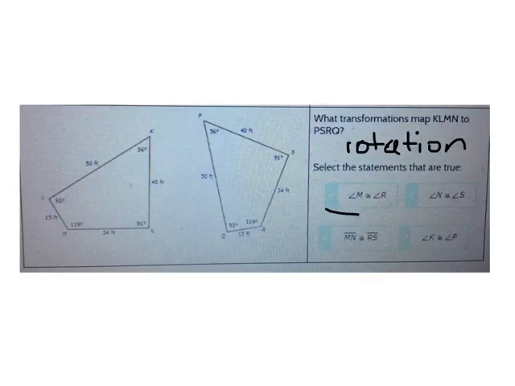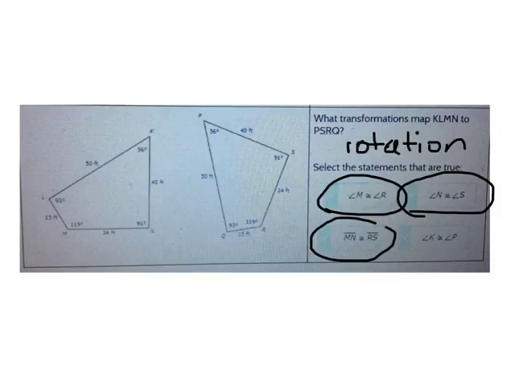Yes, they are corresponding angles in congruent figures. Is angle N congruent to angle S? Yes. Is line segment MN congruent to line segment RS? Yes, both of them are 34 feet. And is angle K congruent to angle P? Yes. All of these statements are true.